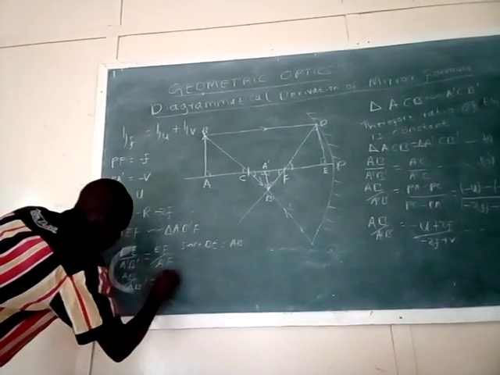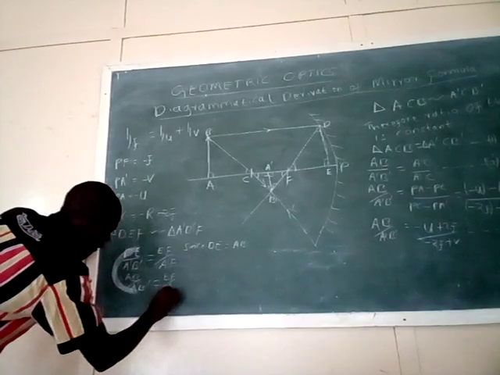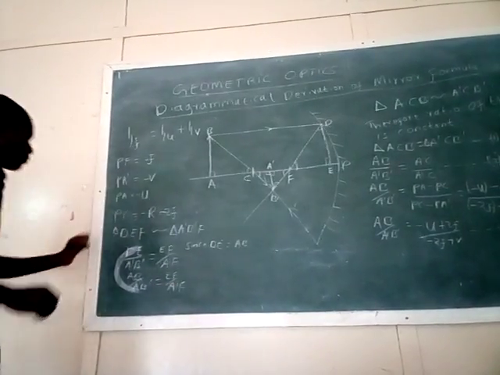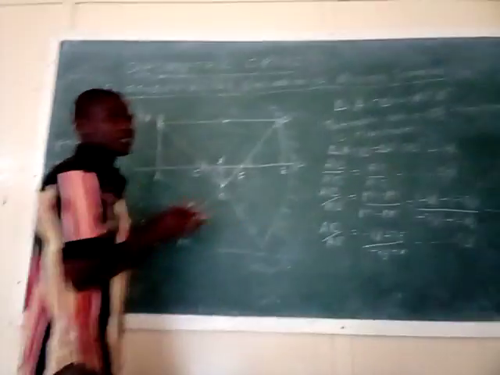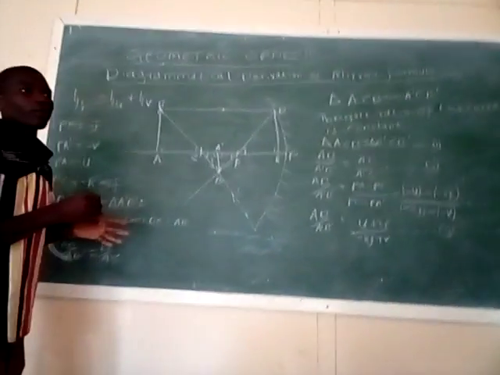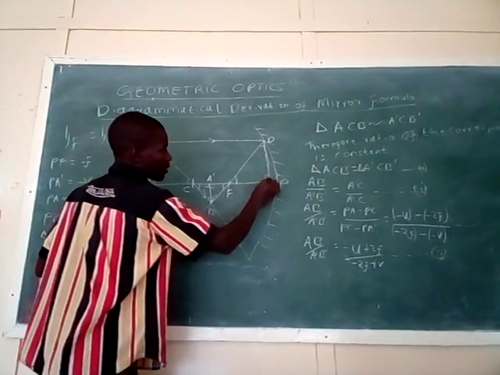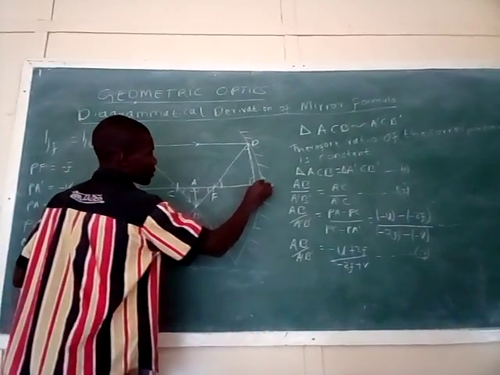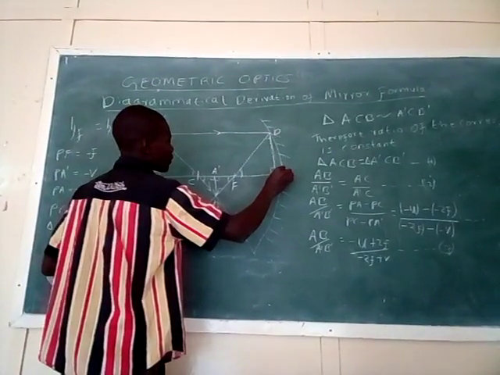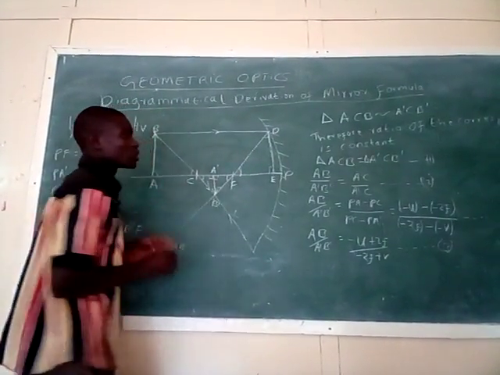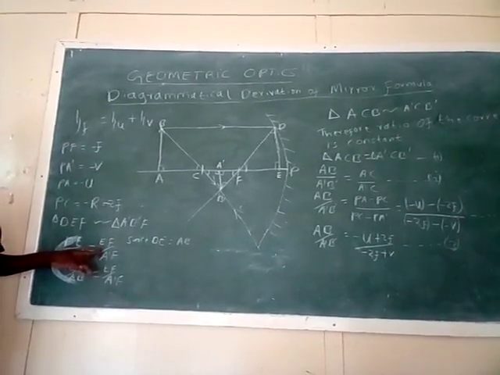But you see, we have EF, and the distances are measured in the cone of the mirror. Since there is a small aperture here, this distance is now taken from P to F, not E. So instead of EF, you can just write PF.